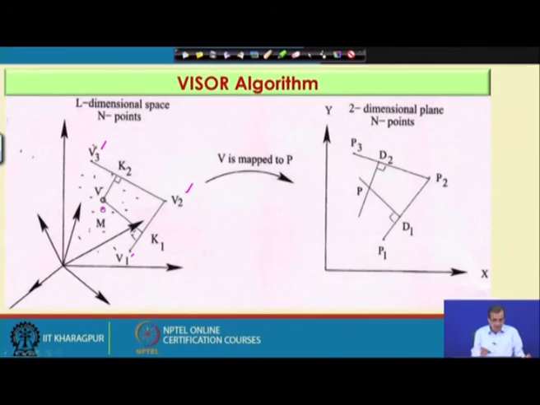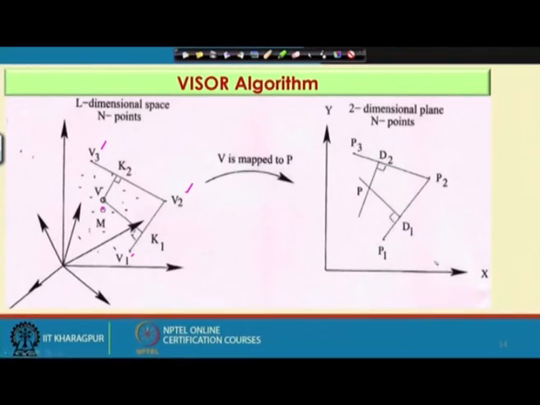So, we try to find out the Euclidean distance from the origin of this higher dimension to V 1, from origin to V 2, and from the origin to V 3. So, we will be getting 3 numerical values, and considering those 3 numerical values as the radius, we draw the circular arc on the 2D plane.